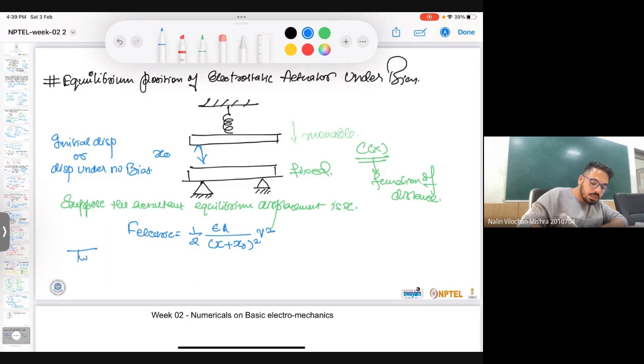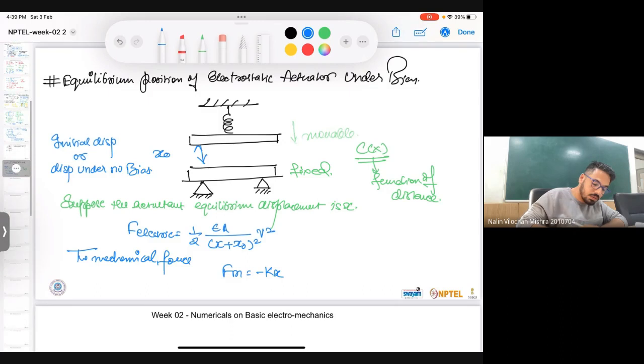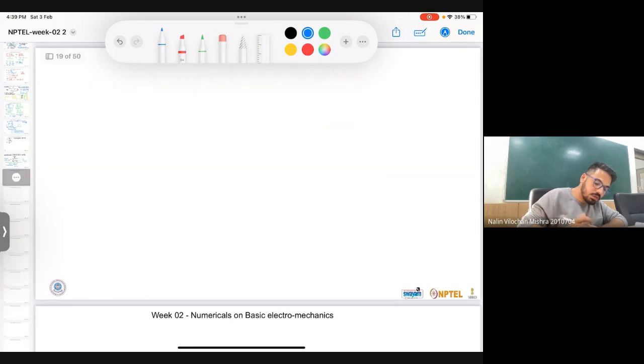Here the mechanical force can be written as Fm equals minus kx. So x is Fm by k.